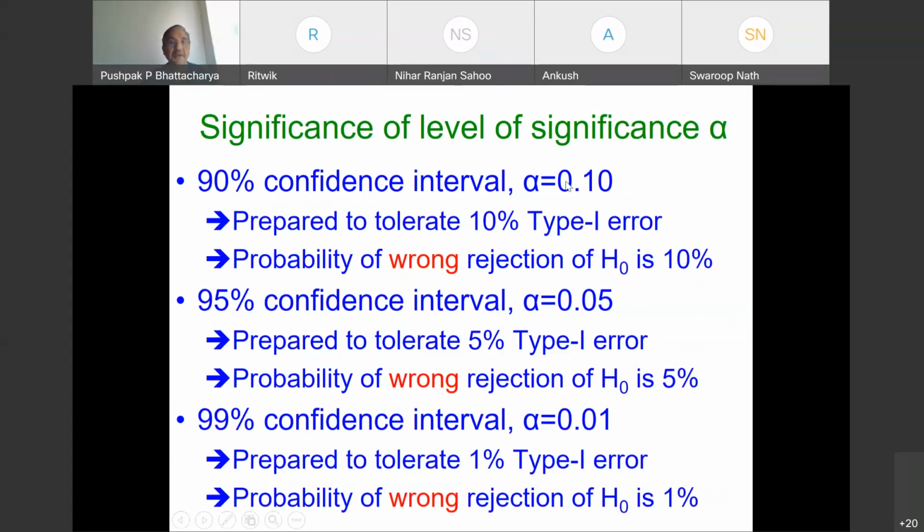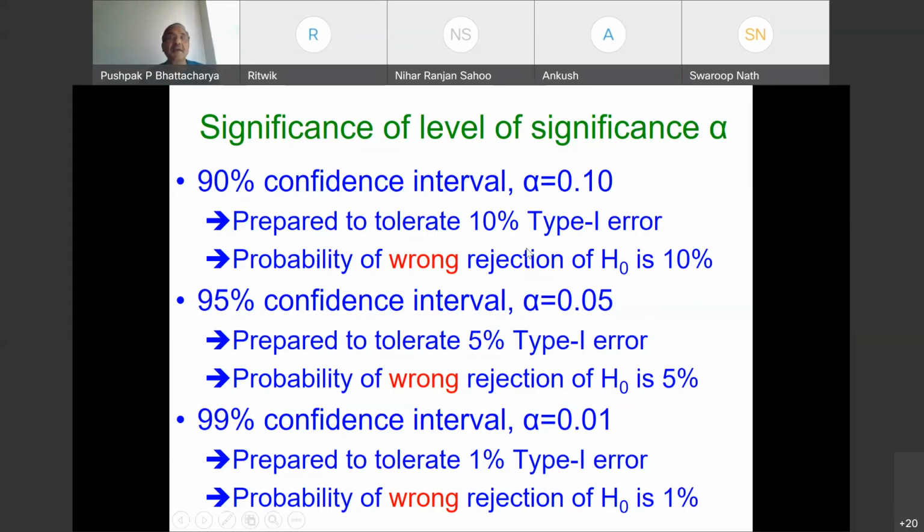The area beyond the 90% confidence interval is 10%, so we say the level of significance alpha is 0.1. This corresponds to the situation where we are prepared to tolerate 10% type 1 error. So the probability of wrong rejection of H naught is 10%.